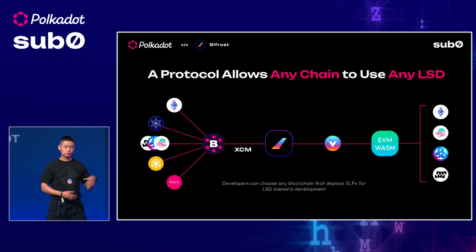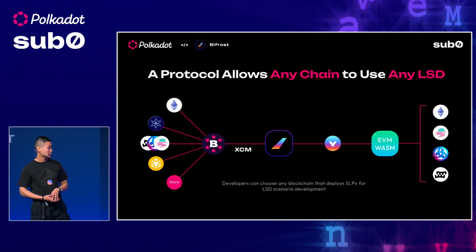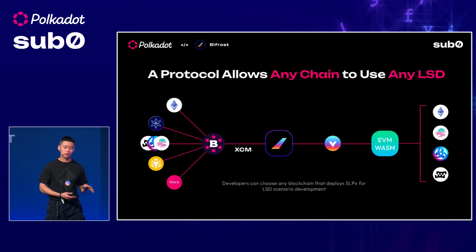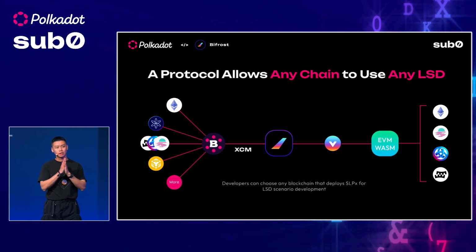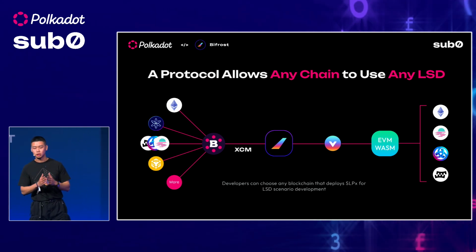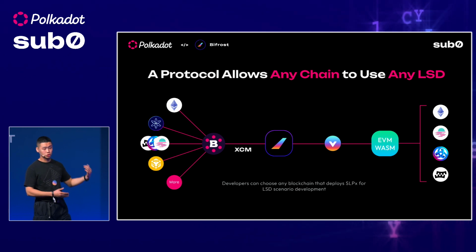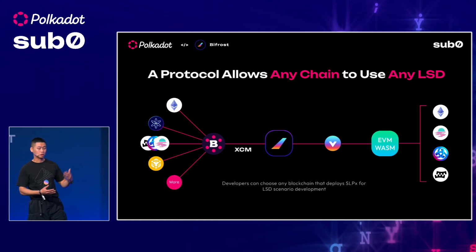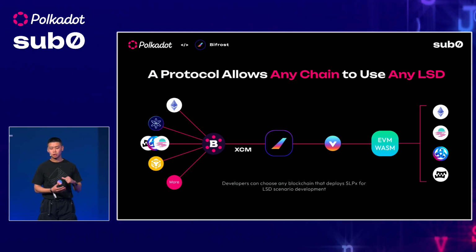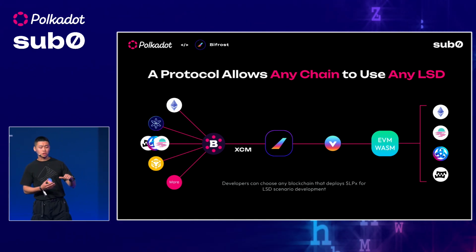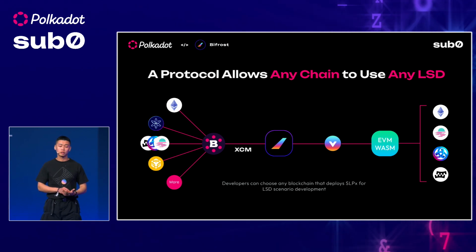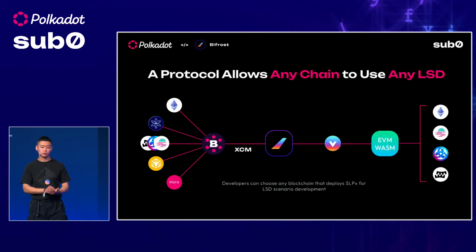So the Bifrost SLPx stack gives developers an opportunity to deploy a contract. I would say that's a light Bifrost version on the source chain. Let's say we deploy the contract on Cosmos, which allows a user to easily use the liquid staking token of Bifrost on Cosmos.